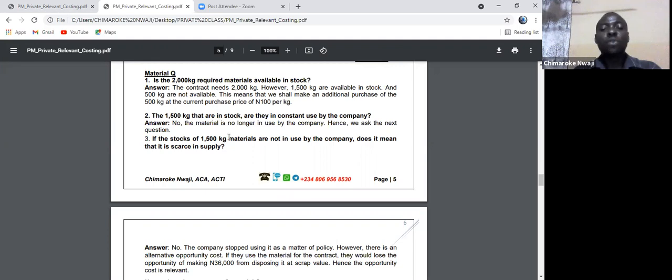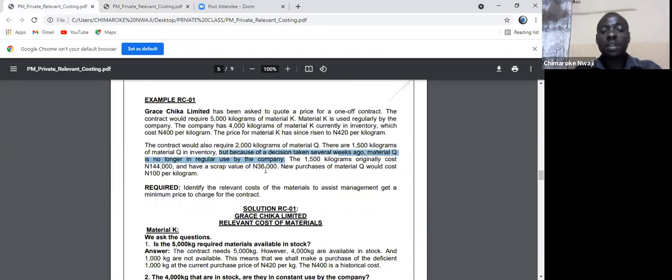So we answered no. If we had answered yes, we would have been stuck. But since it is in regular use, we will buy, we will replace. But since they are not in regular use, we ask the third question. If the stock of 1,500 kg is not in regular use, does it mean it is scarce in supply? Let's see. There is nowhere that says it is scarce in supply.